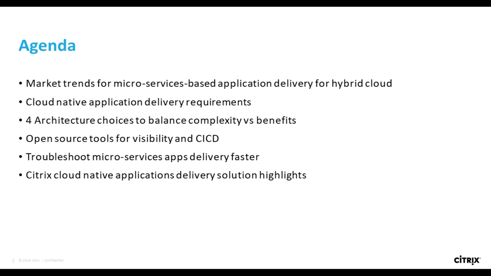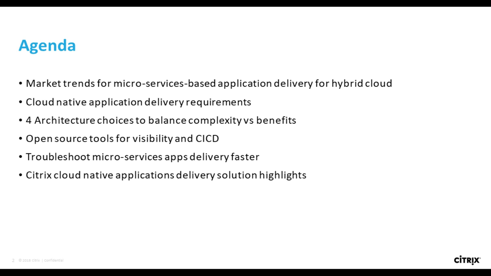Today's agenda. First, we start with the key market trends of microservices applications, why many enterprises are considering deploying microservices-based applications and what it means for delivery. And when you evaluate the solutions for microservices-based application delivery, what are the key 5 requirements?